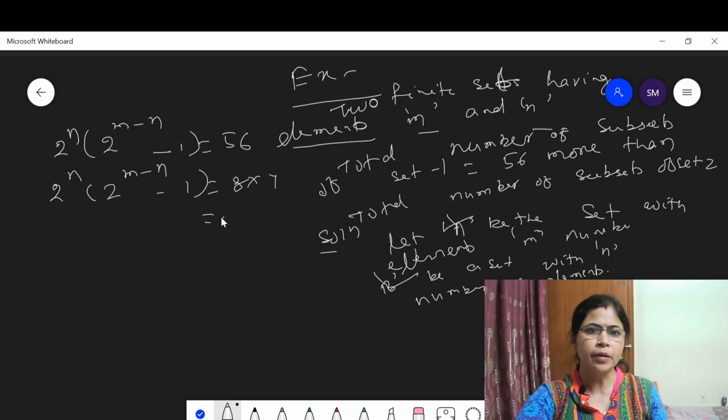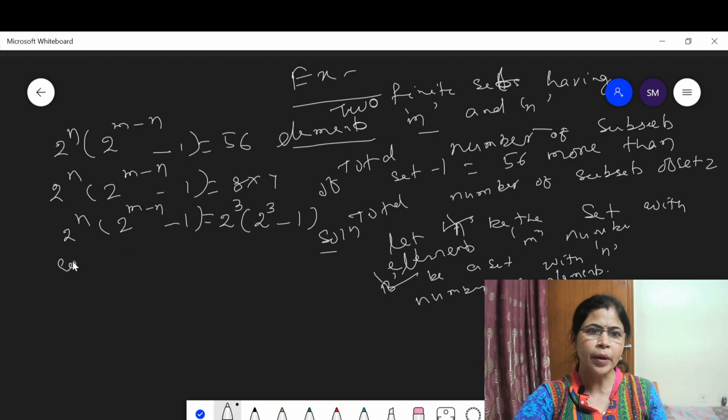Then 8 can be written as 2 to the power 3, and 7 can be written as 8 minus 1, which means 2 to the power 3 minus 1.